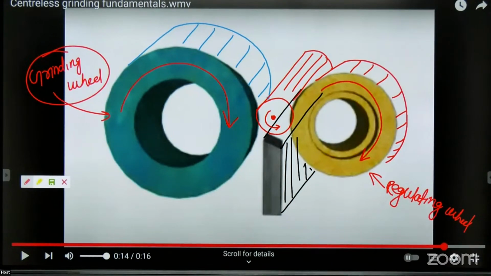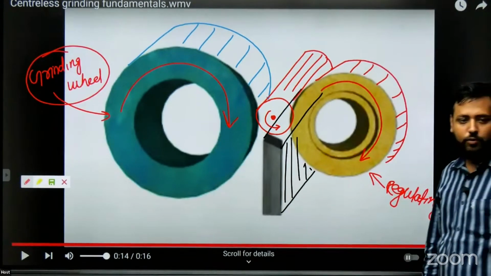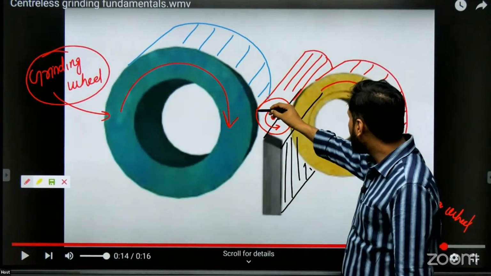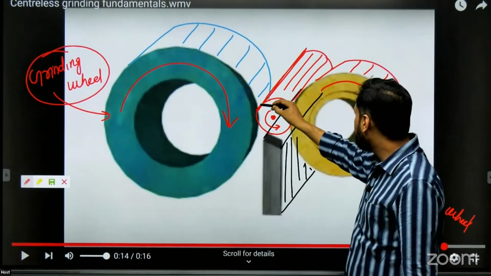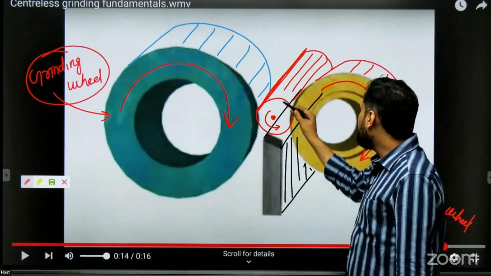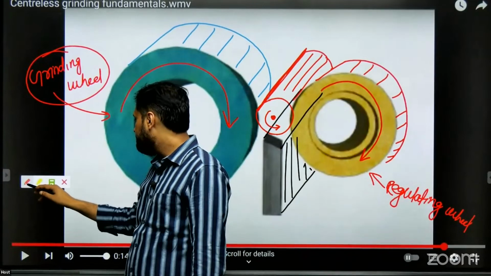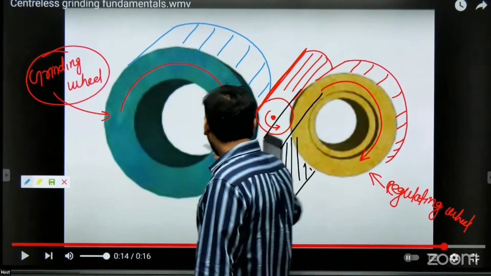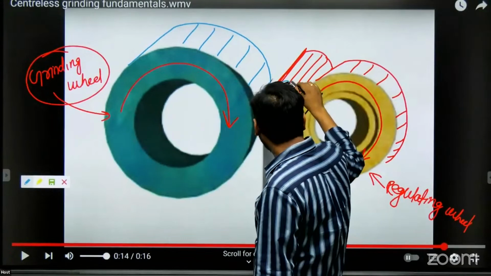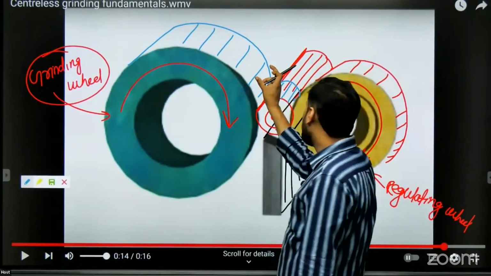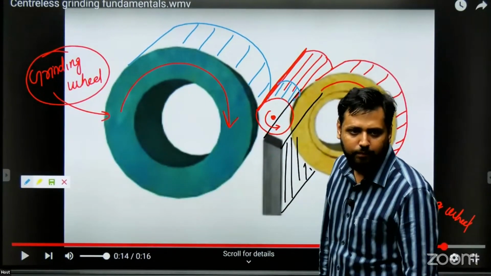Not only that, but the workpiece is long from here up to there. So right now, only this much portion of the workpiece is being ground, because that is the thickness of the grinding wheel.